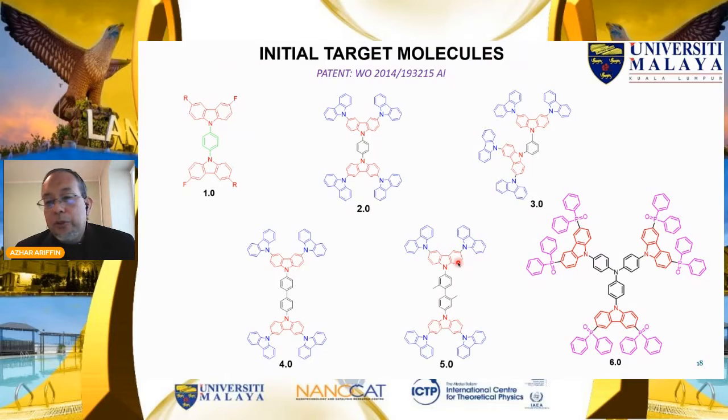Due to the time constraint, I will not discuss all these molecules. I will just show one example of how we synthesize compound 2.0 and the problem we faced during its synthesis. All these molecules were actually only designed, but in the end we had to synthesize something else due to the problem that we faced.